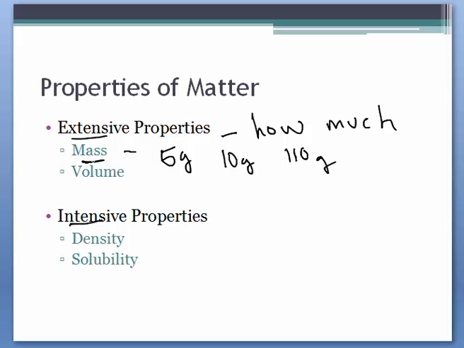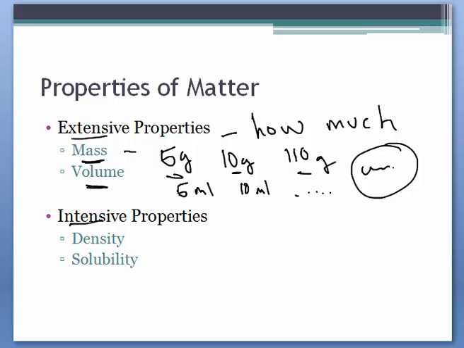So that property mass is dependent on how much of the substance is present. So then clearly volume would also be an extensive property. You could have 5 milliliters of water, 10 milliliters of water, etc. So depending on how much is there, that's going to dictate that actual property.